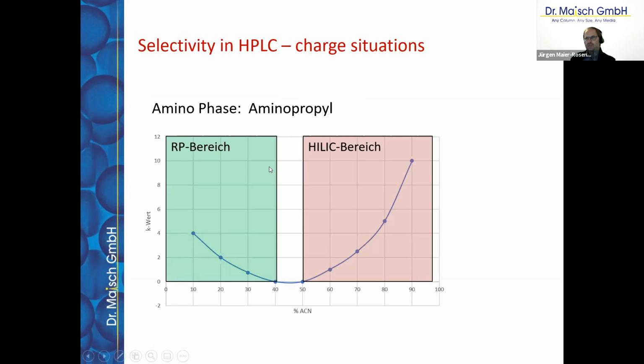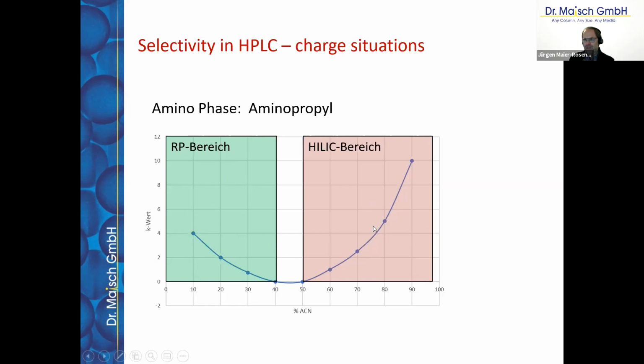If we have a low acetonitrile concentration here on the left-hand side in the green area, a range between 0 and 40% acetonitrile, we have mainly reverse phase interactions, because we have a slightly lipophilic group, the propyl group, and a high amount of water, and that's a typical reverse phase situation.